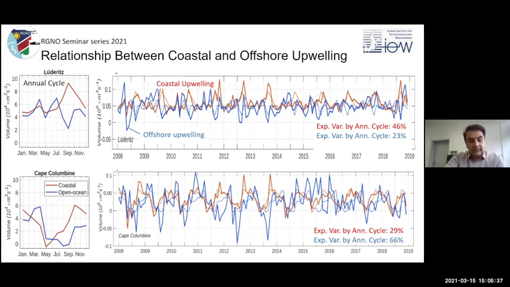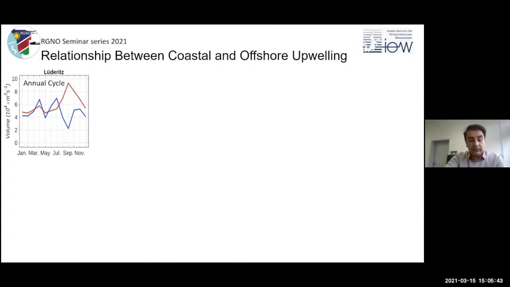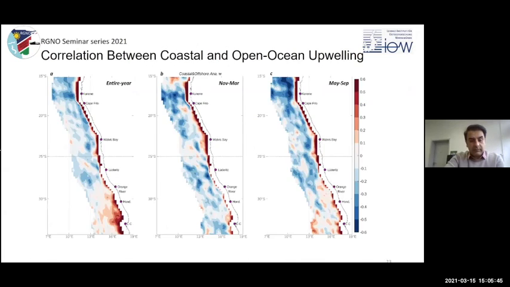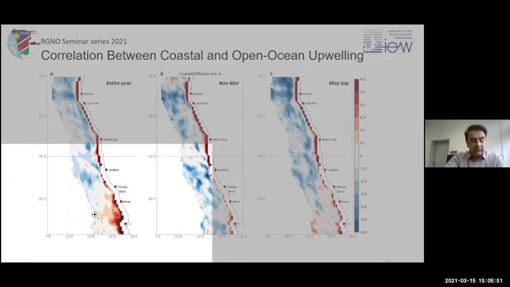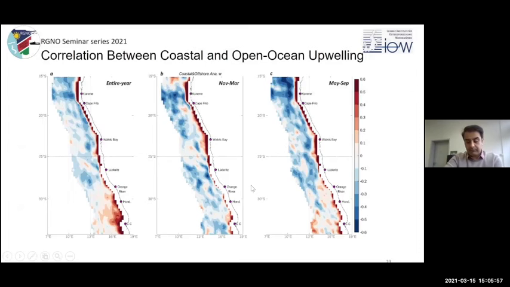And this is consistent with the result of our analytical theory, which shows that in the south we see positive correlation between coastal and offshore upwelling.